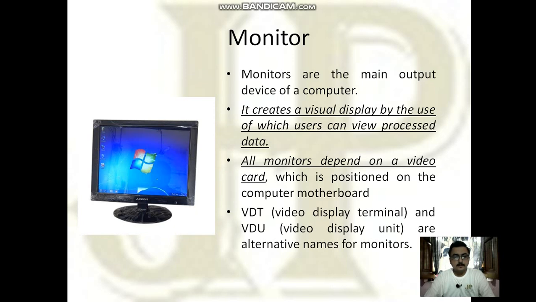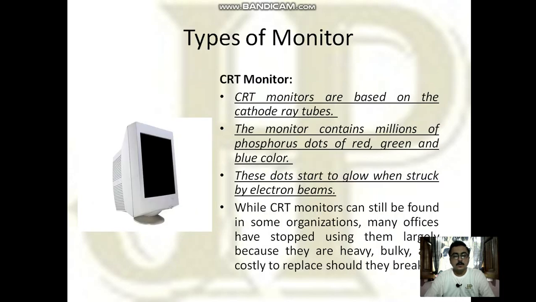Other than monitor, it is also known as VDT, video display terminal, and VDU, video display unit. Now, types of monitor. The first one is the CRT monitor. Nowadays, it is obsolete.